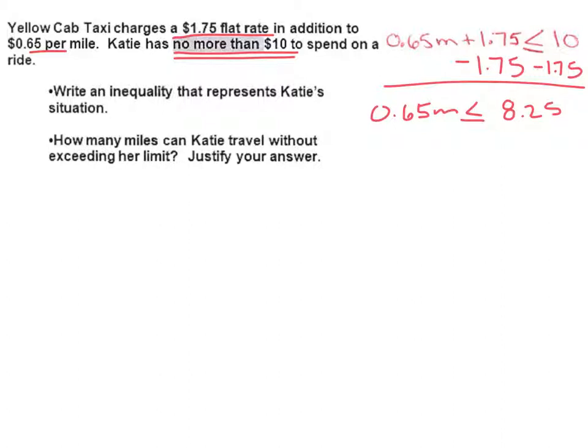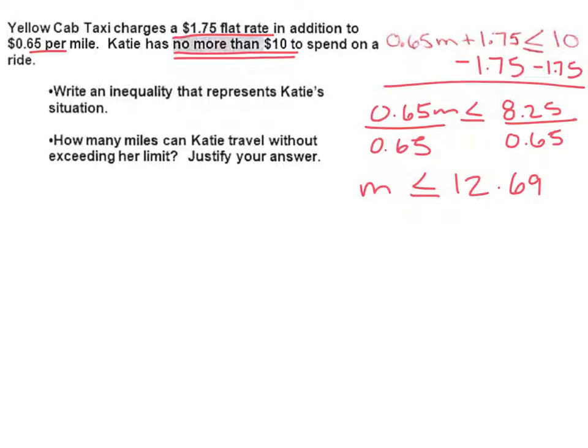Now to get M by itself, we divide both sides by 0.65. Now we end up with M has to be less than or equal to 12.69 and then some more digits if you put that in the calculator.